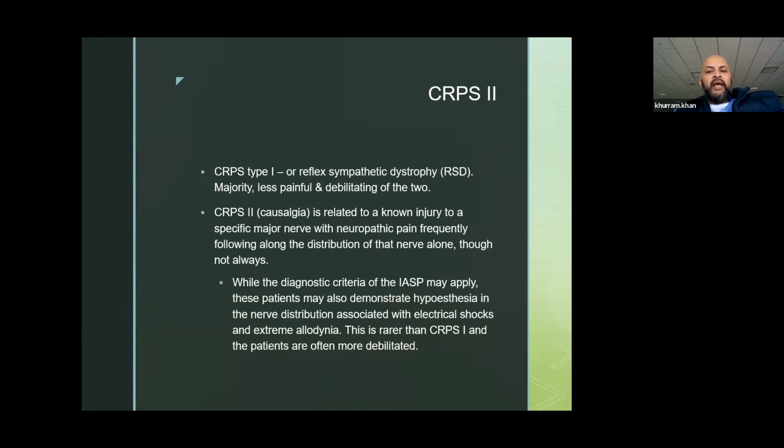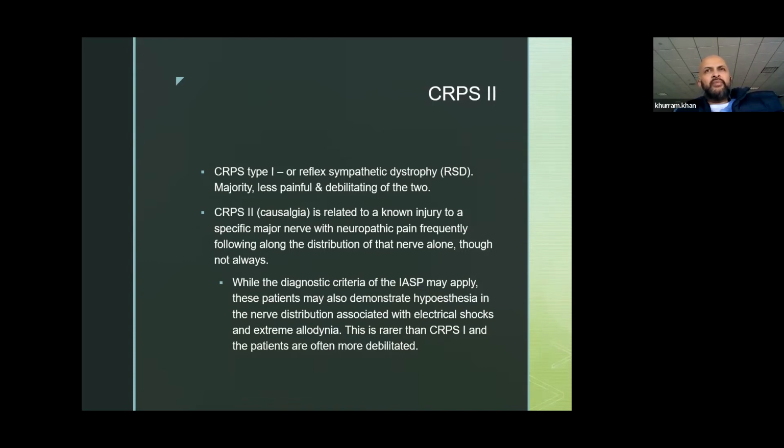Usually it follows the distribution of the nerve, but otherwise it does not necessarily have to follow the distribution of the nerve. It is mostly diffuse involvement in multiple dermatomes, myotomes and sclerotomes associated with this nerve.